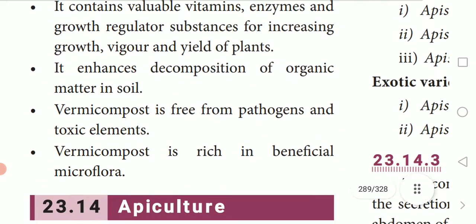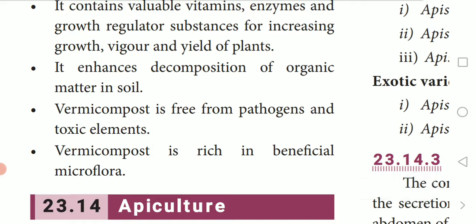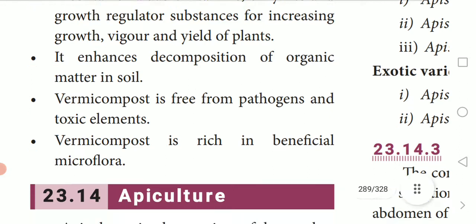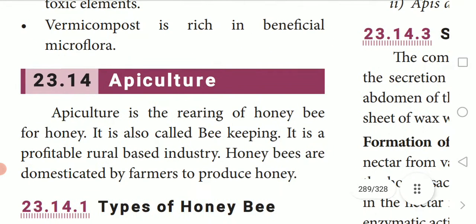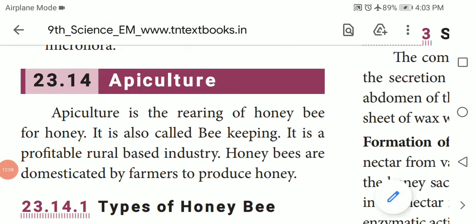It contains valuable vitamins, enzymes, and growth regulating substances for increasing growth, vigor, and yield of plants. It also enhances the decomposition of organic matter in soil. Vermicompost is free from pathogens and toxic elements, and is rich in beneficial microflora.